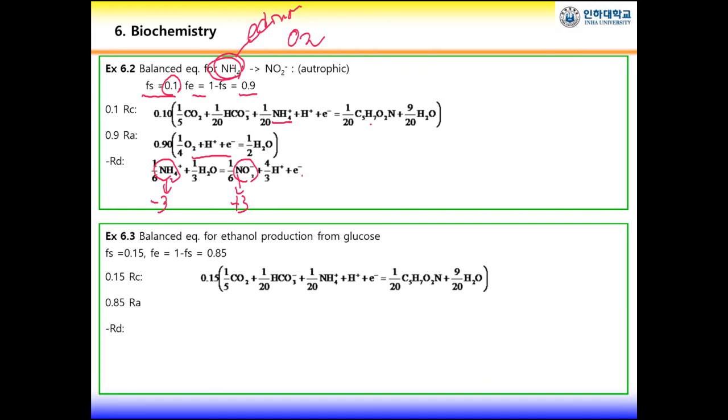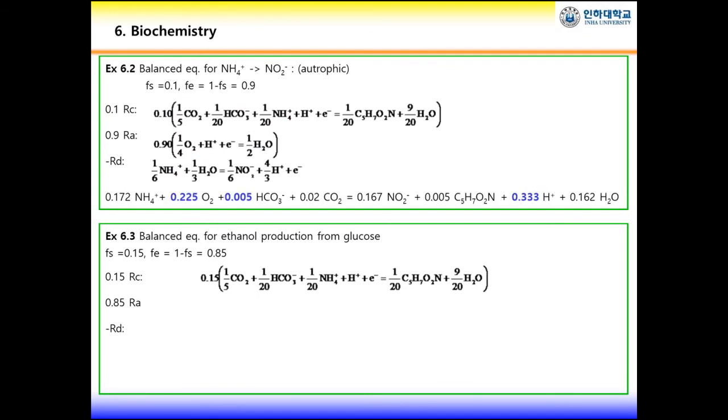Then you can write down the overall balanced reaction. To oxidize ammonia into nitrate, you need more than 1 mole of oxygen per mole of ammonia, so you need a lot of oxygen.